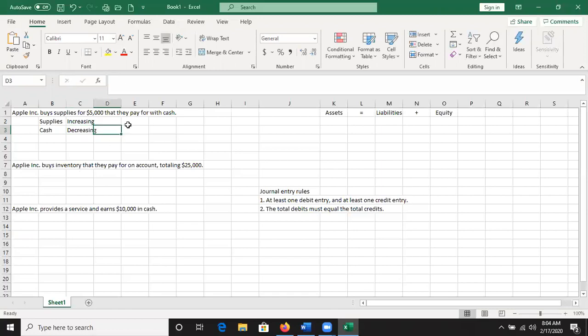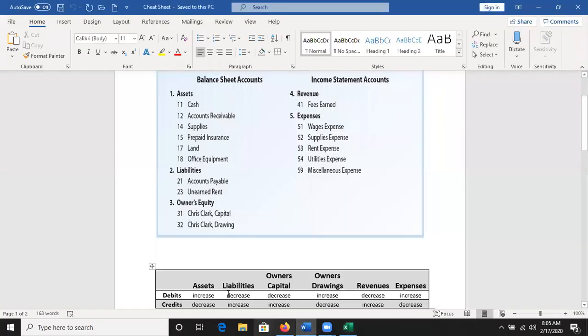Now, if you're good with these specific accounts and which of the big account groups they belong to, you could go ahead and make the journal entry based on what's happening. If not, go back to the cheat sheet and look down here. Supplies are an asset account.